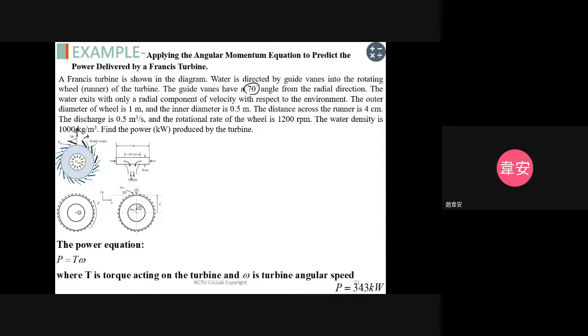So this is the flow out, and the water will flow out along the center of the runners. The outer diameter of the runner is 1 meter here, and the inner diameter is 0.5 meters.